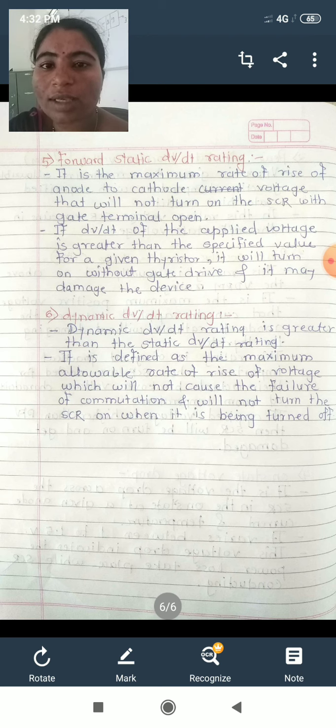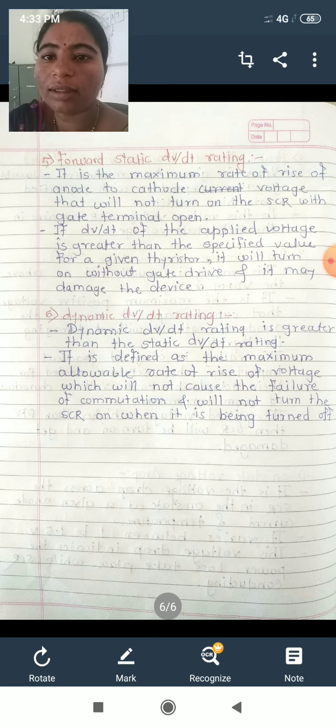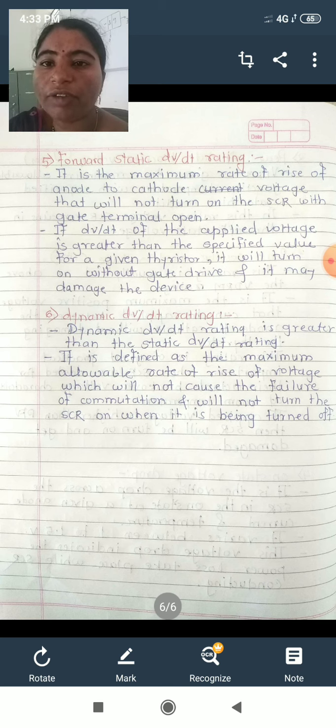In this case your SCR is in blocking state. Now, if the dV by dt of the applied voltage is greater than the specified value, it will turn on the thyristor without applying the gate signal, and it may damage your device. Hence, this condition is also called an accidental condition, which we already learned at the time of turn on methods of the SCR.